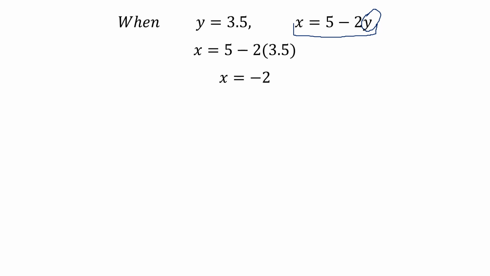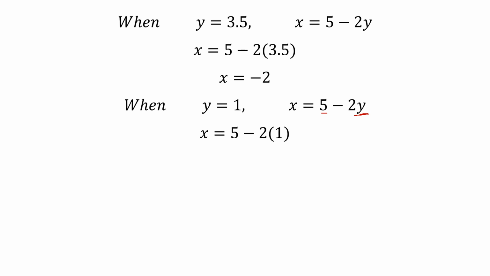So when y is 3.5, x is equals to minus 2, right? I will use the same equation to find the corresponding value of x when y is equal to 1. So I'll be substituting 1 here, so it will be 5 minus 2 by 1, which is 3. So the corresponding value of x when y is 1 is 3.